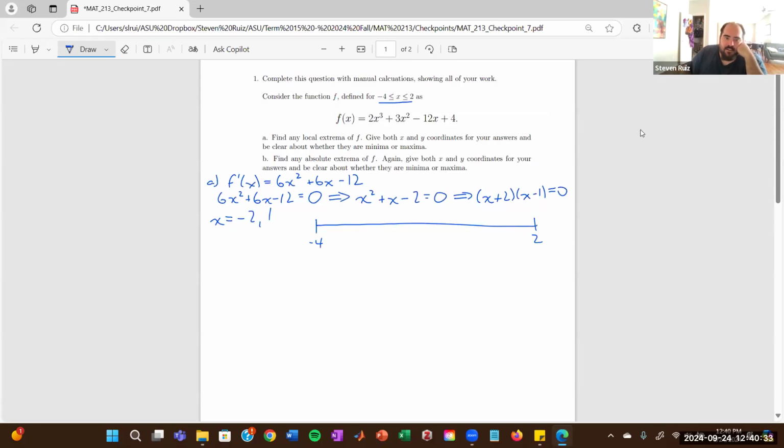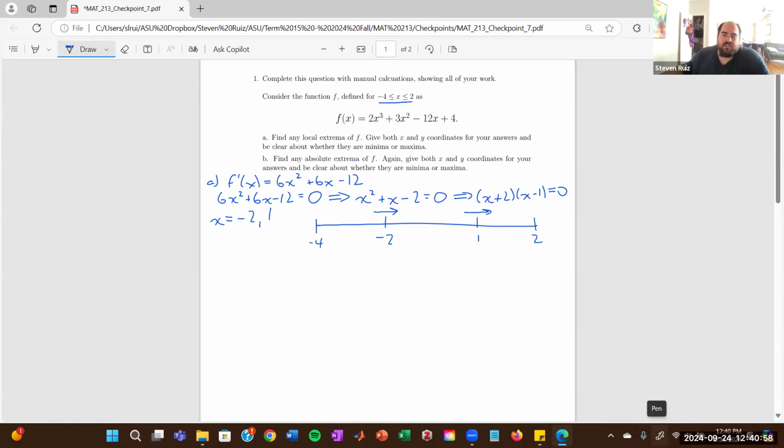And I want to pay special attention to those places where the derivative is equal to 0. So one of those is x equals -2. Another one is x equals 1. And I know that at those places, the derivative is equal to 0. So I'm going to indicate that with this little horizontal arrow. That says to me that basically at those 2 points, I have a horizontal tangent line.